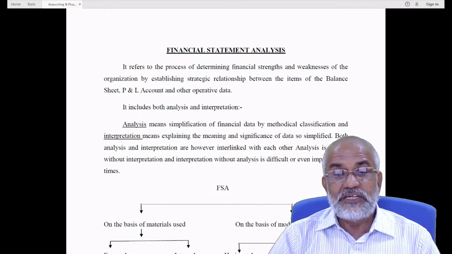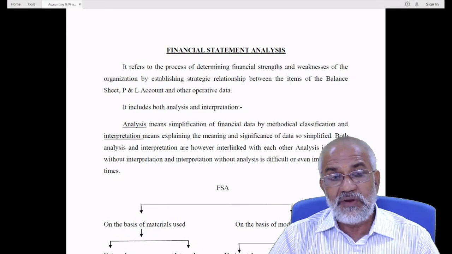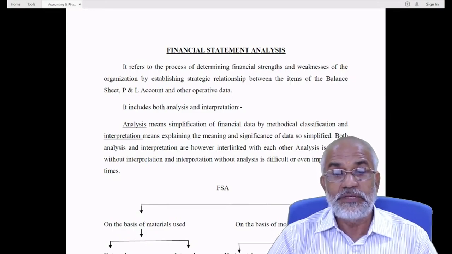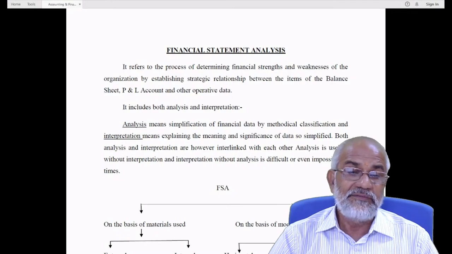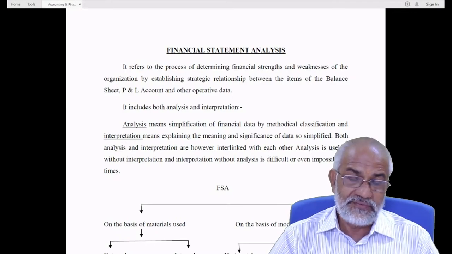Profit and loss account is said to be the graveyard of all the nominal accounts. It itself is a nominal account, and it is said to be the graveyard of all the nominal accounts. Graveyard means the end of one's life.